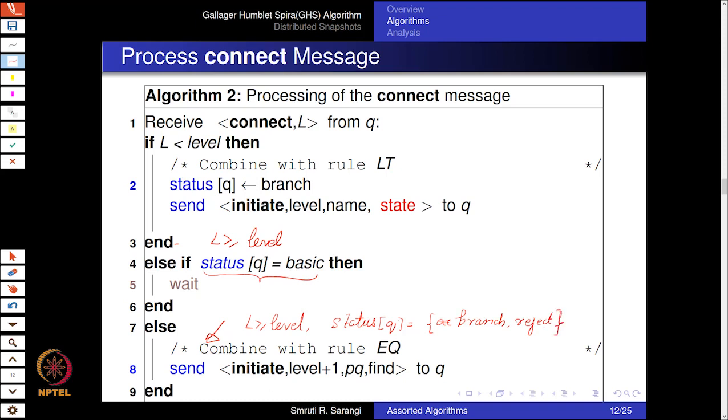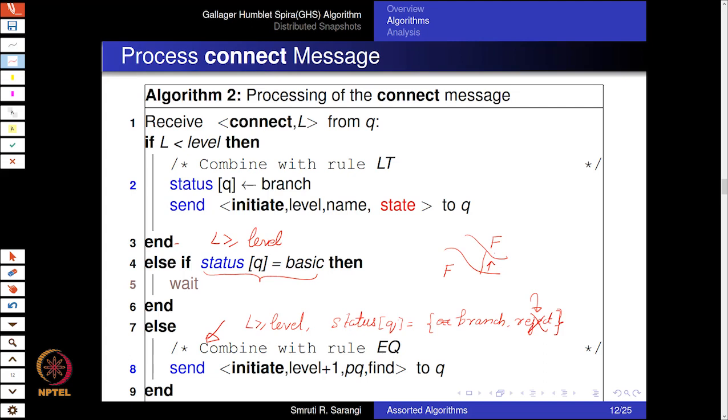So let us look at the reject case first, that is easier to eliminate. If the status of this edge is reject, then there is no reason why a connect message should have been sent again by the same edge, because a connect message is contingent on the fact that an accept was received.